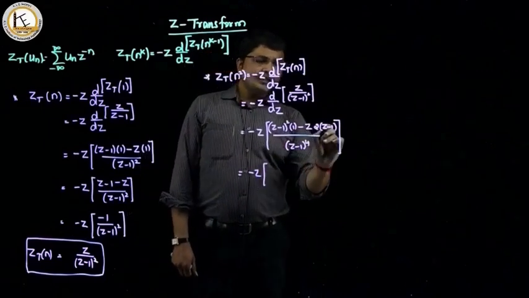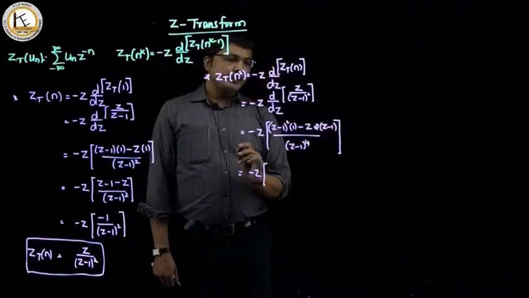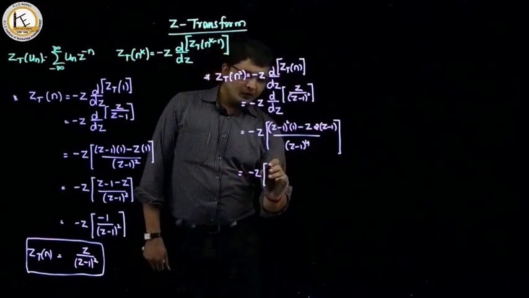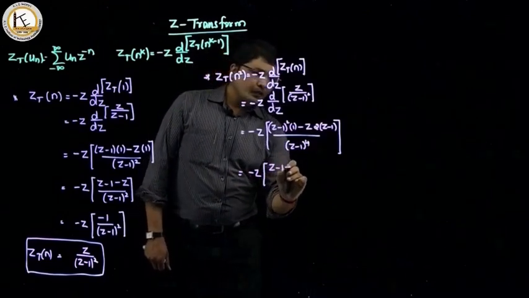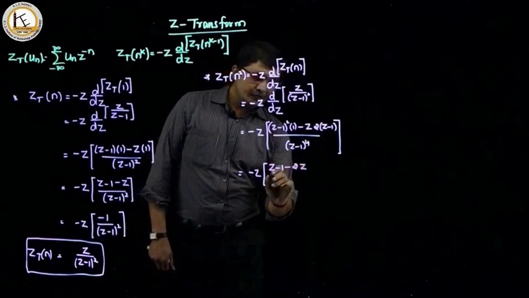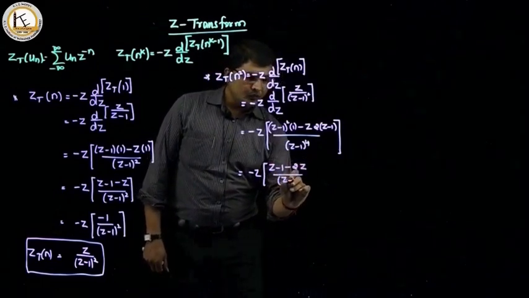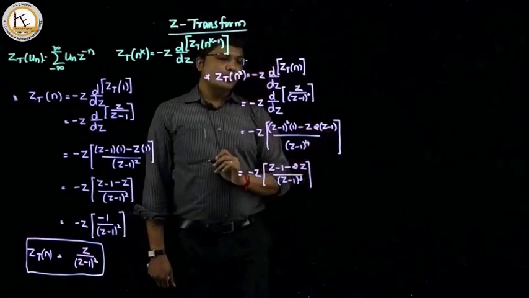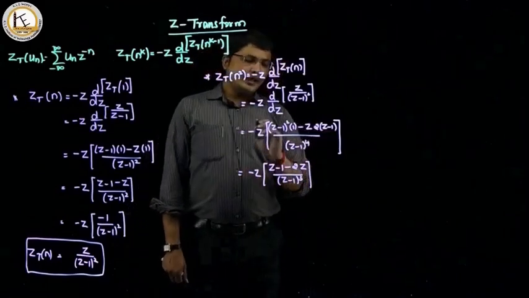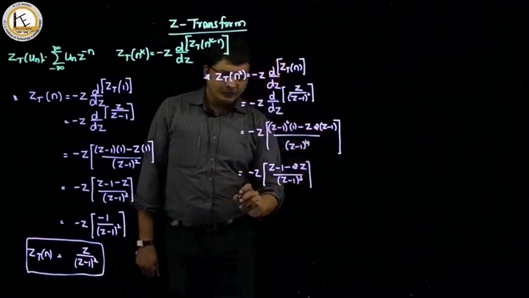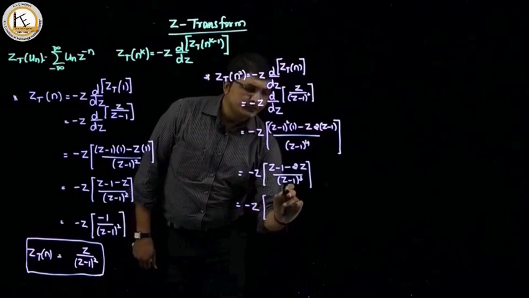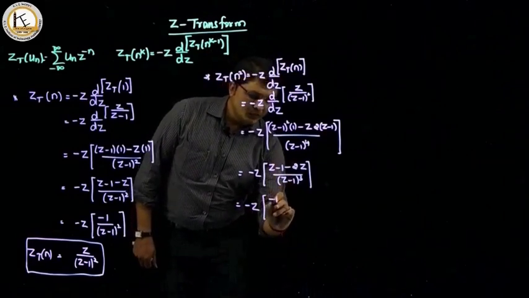So before simplify, definitely we observe that Z minus 1 is common in this numerator. So taking that Z minus 1 common from the numerator and cancel with Z minus 1 the whole raised to 4, we have Z minus 1 minus 2Z divided by Z minus 1 the whole cube, because we are taking Z minus 1 common from the numerator and it cancels with the denominator.